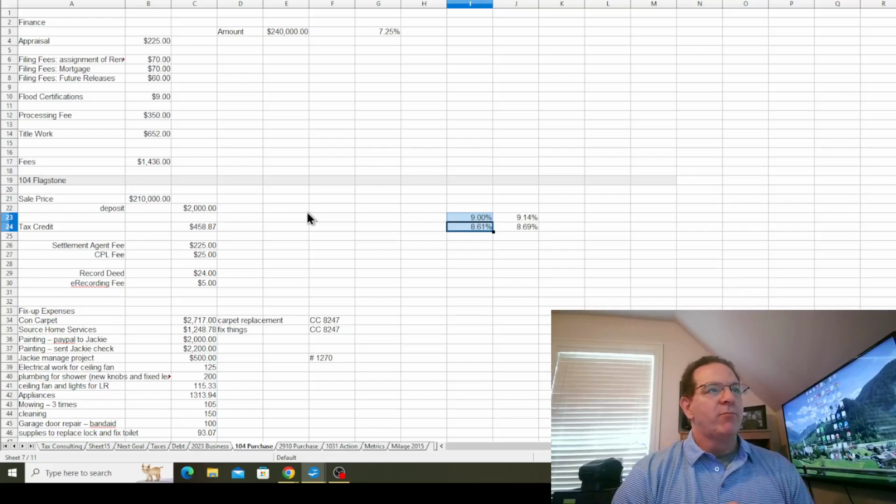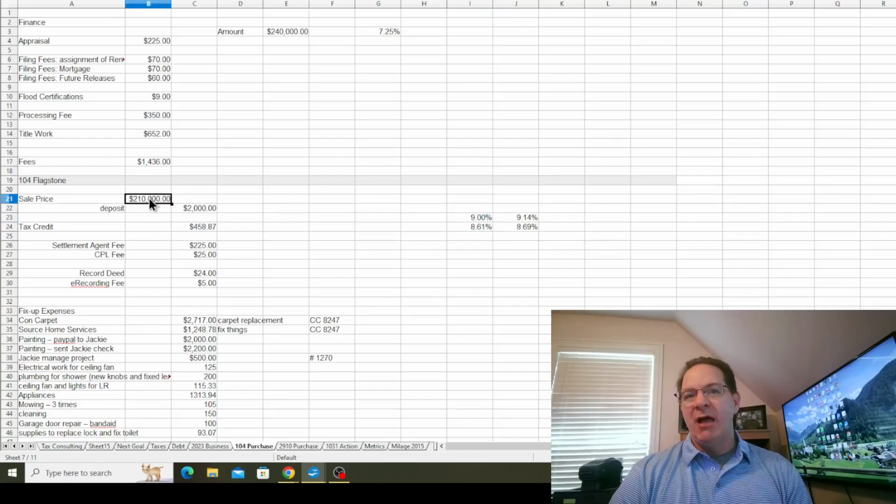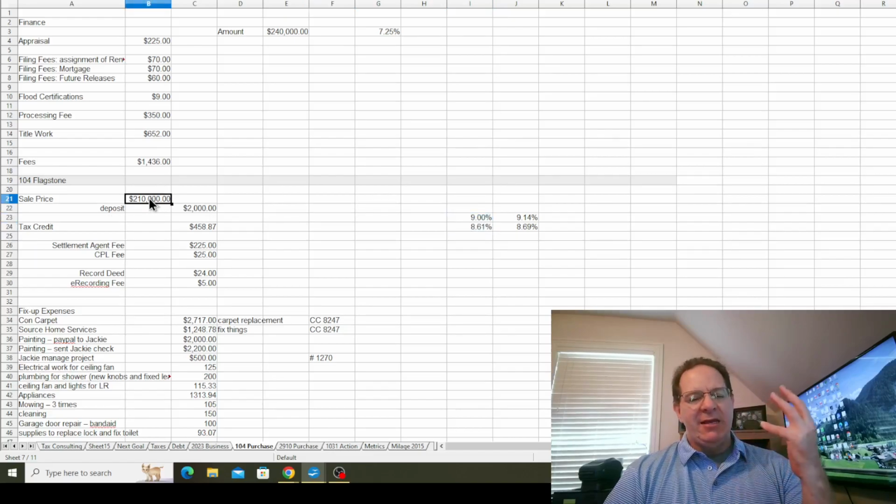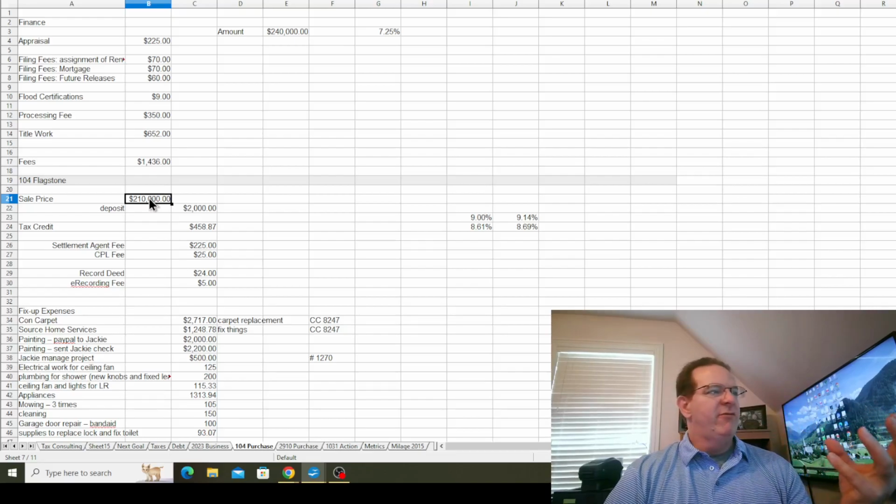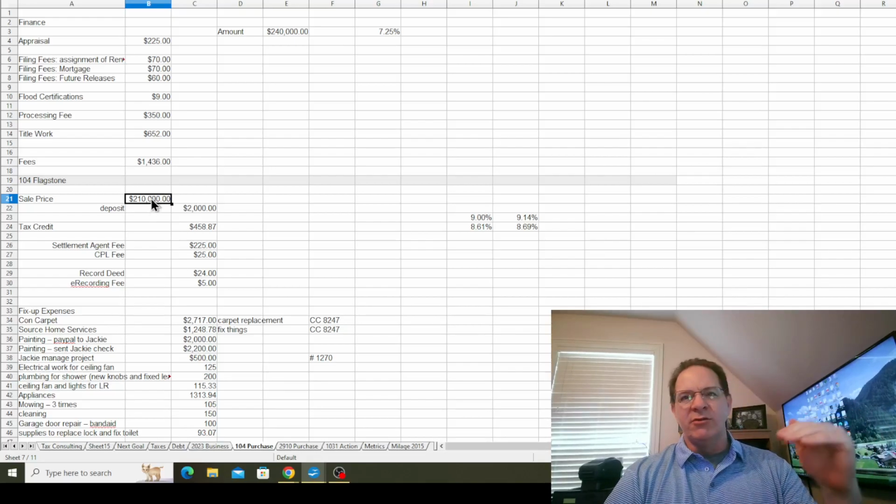Over time, you will gain money from several sources. Number one, you will see the price of the house go up, and that can be from appreciation in the area. It can also be from inflation, because over time this house will hold its value as the value of the money goes down.